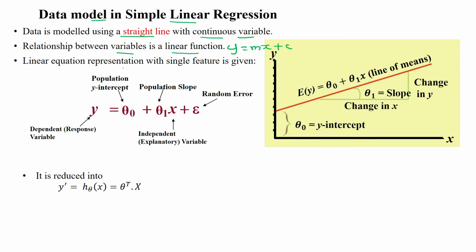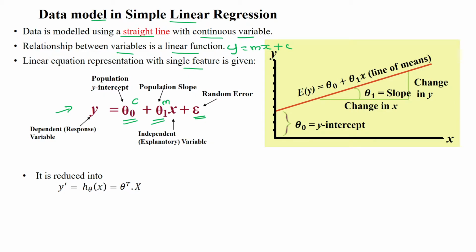The linear equation representation with a single feature is given for the machine learning model. Here, for the machine learning model, instead of c we use theta 0, and instead of m we use theta 1 times x, plus a small error, which will be present whenever we apply the machine learning model to each and every data point.